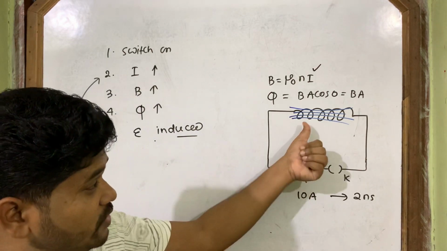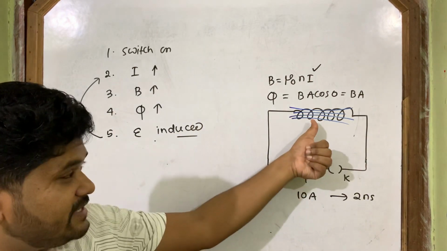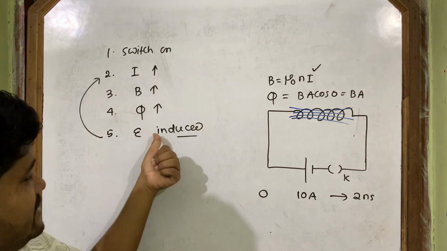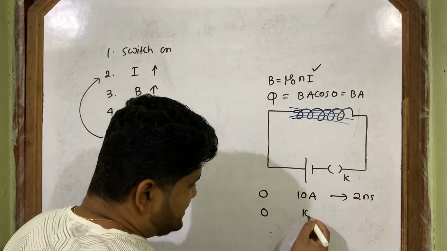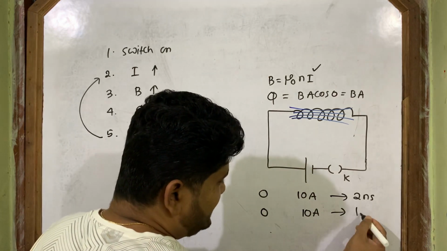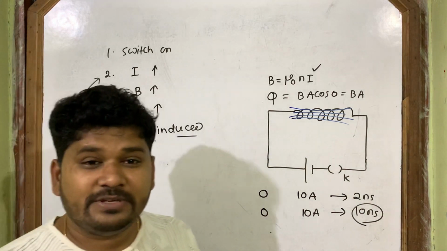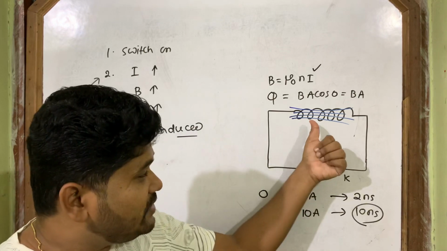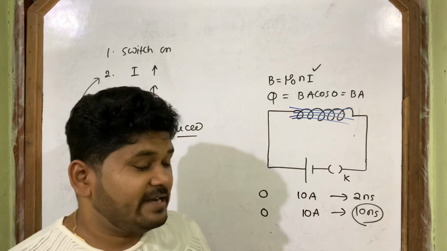But now if a coil is connected in the circuit, EMF is induced, and that induced EMF opposes the increase in current, and the current takes 10 nanosecond to increase from 0 to 10 ampere. The current which initially took 2 nanosecond, when the coil is connected in the circuit, the same current will take 10 nanosecond.